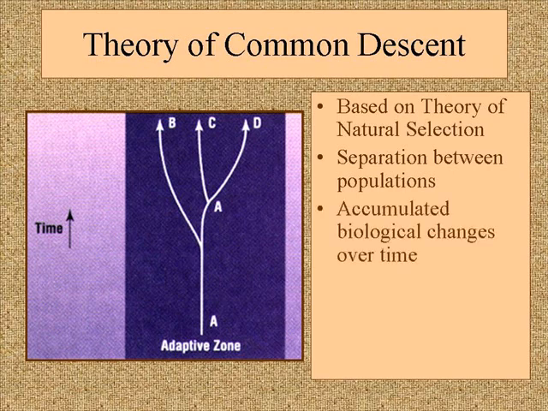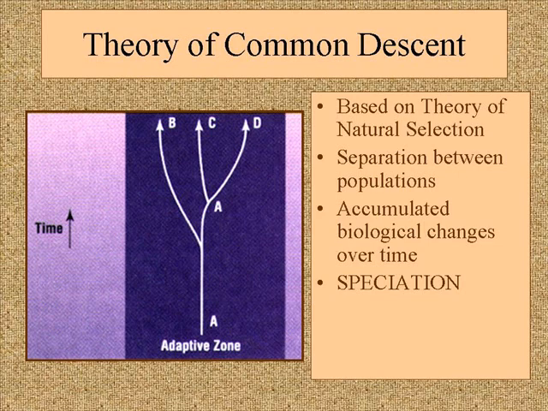Then as each faces the challenges in its own environment, the biological changes that occur in each population will be different. They're both accumulating biological changes over time, but as each one addresses the challenges in its own environment, the biological changes you see occurring in one population will not be the same as those you see in the other population. And so Darwin thought that what would happen over time is speciation.